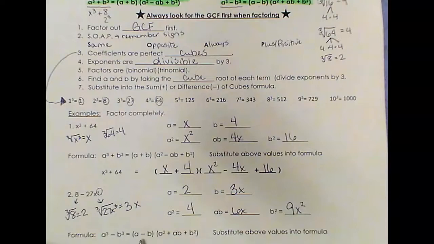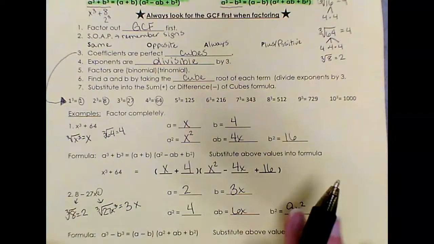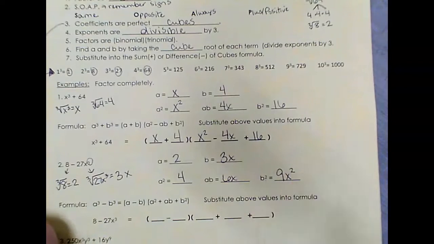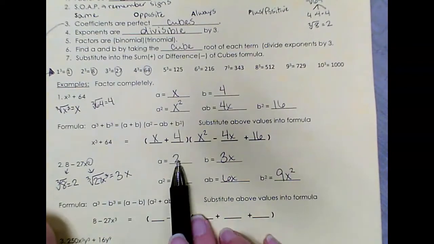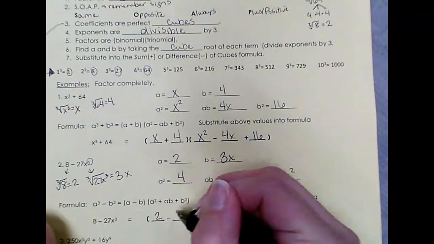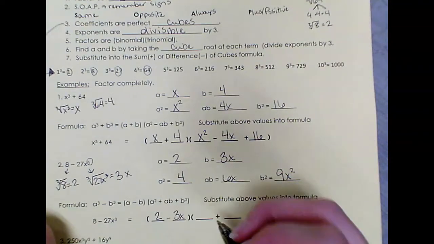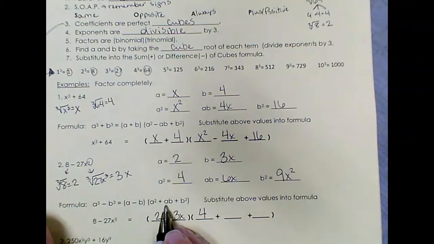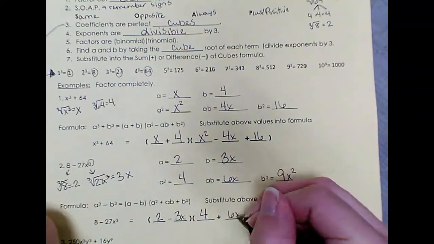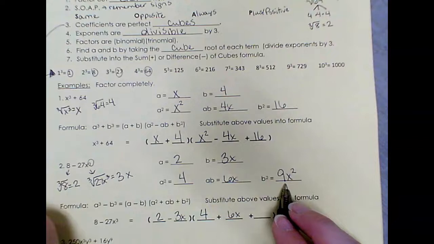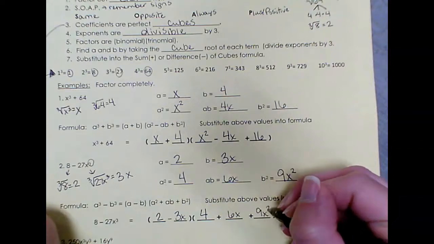So my formula is a minus b, so 2 minus 3x. And then a squared, which is 4, plus ab, which is 6x, plus b squared, which is 9x squared.